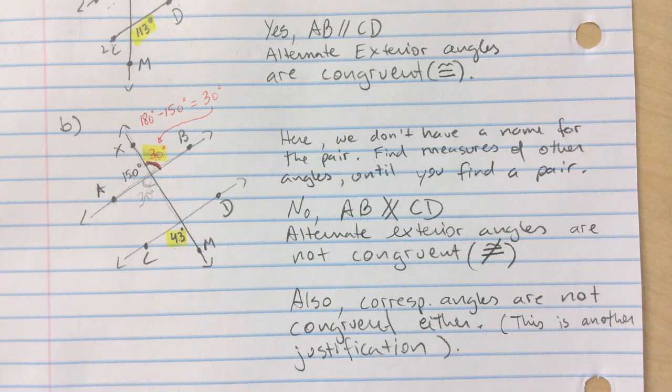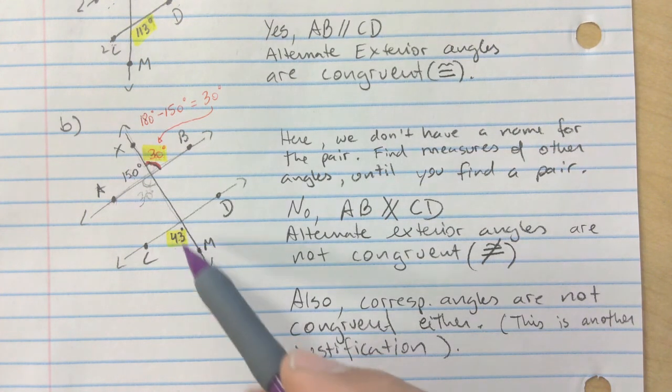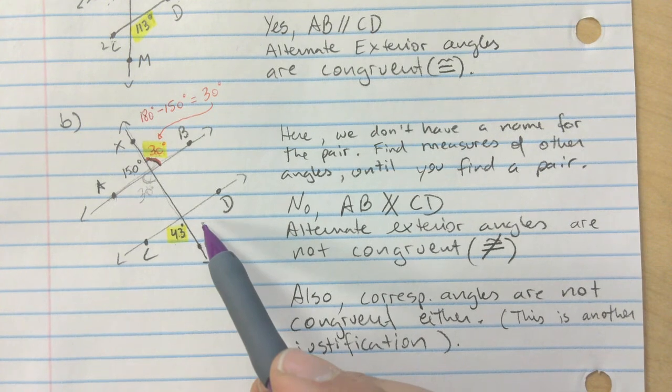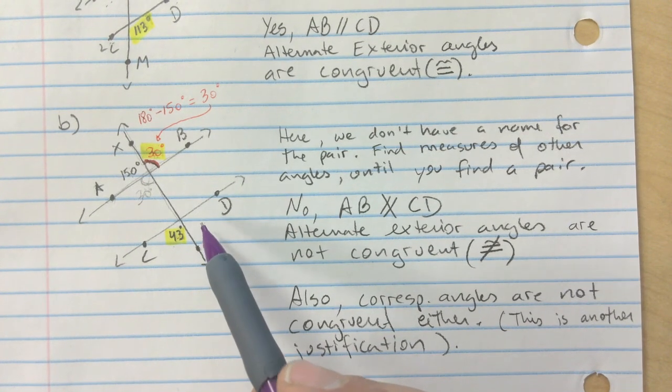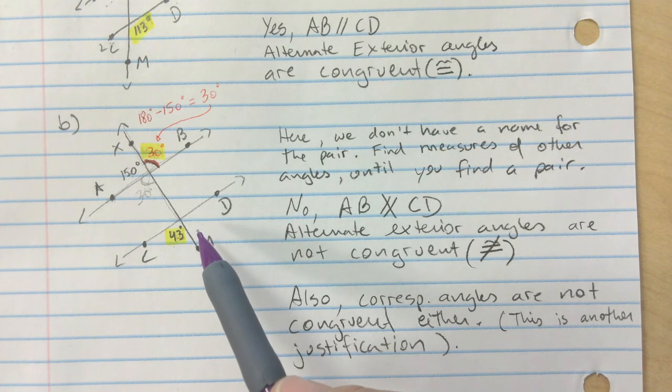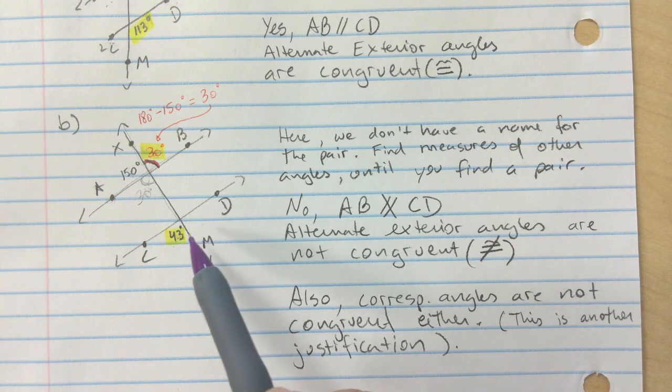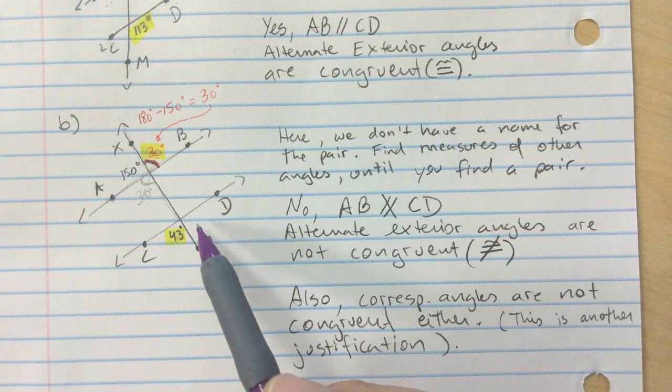If you get really creative, you could have started on the bottom here, found this angle here, right, which would have been 37, right? No, what am I saying here? Not 37, 137.